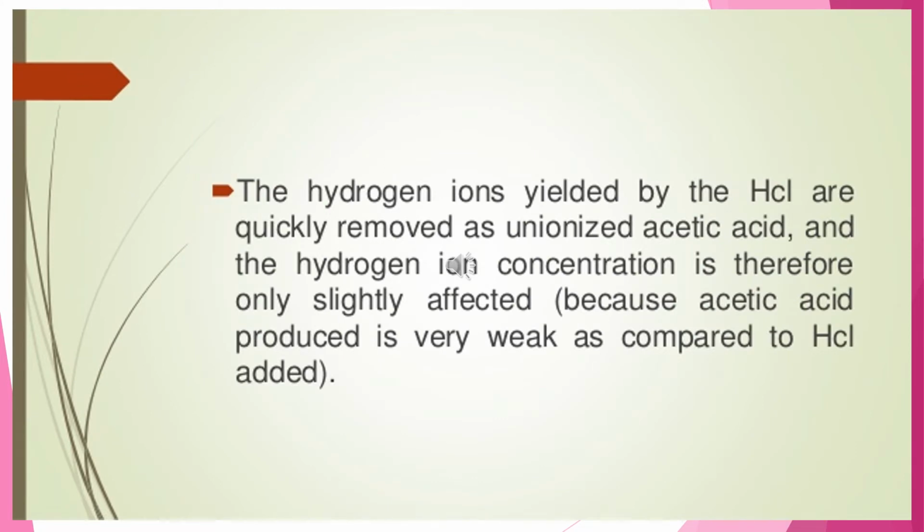The hydrogen ions yielded by the HCl are quickly removed as unionized acetic acid, and the hydrogen ion concentration is therefore only slightly affected, because acetic acid is a very weak acid compared to the HCl added.